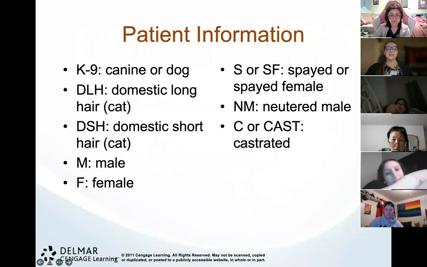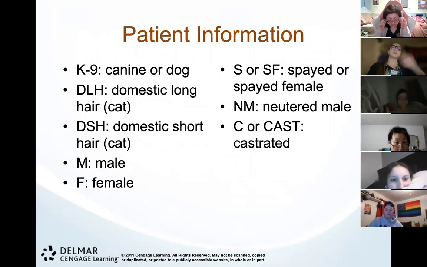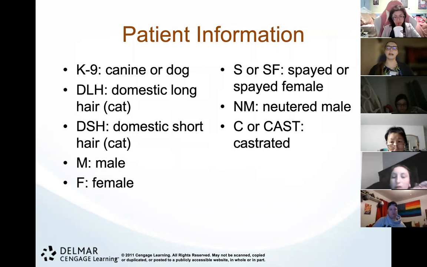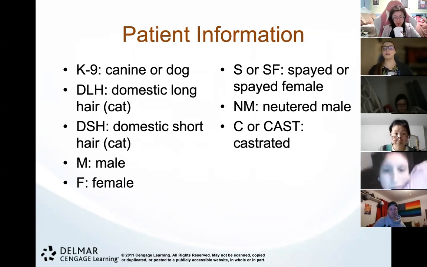All right, so now we're just going to get into some more patient information. A few more abbreviations, kind of going over the answers of what we've done before, and adding a few more terms as well. When we're talking about canines or dogs, we can write canine out as the letter K and 9. Our kitty cats that are not purebred, we usually categorize as domestic short hairs, domestic medium hairs, or domestic long hairs.